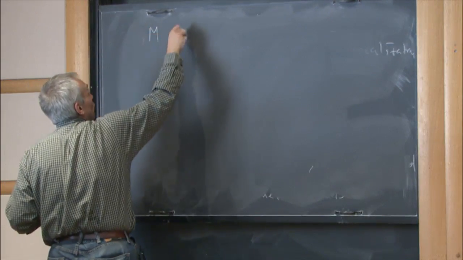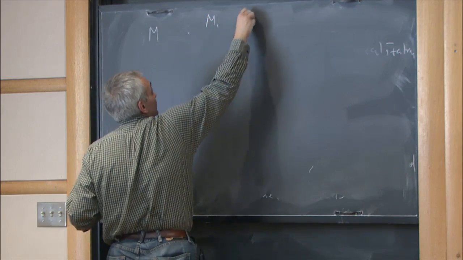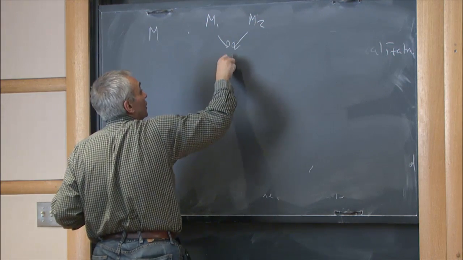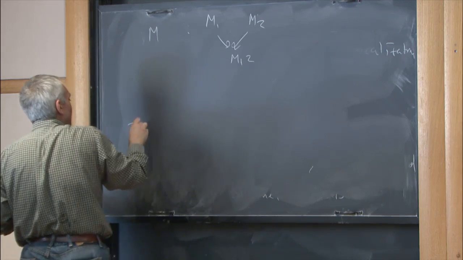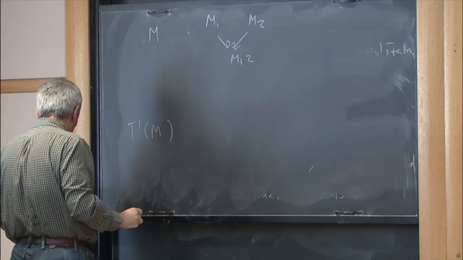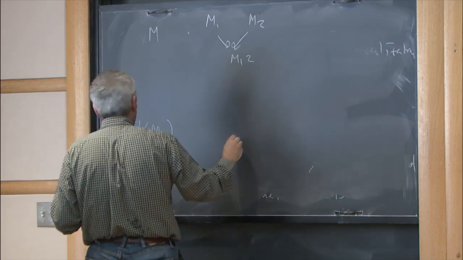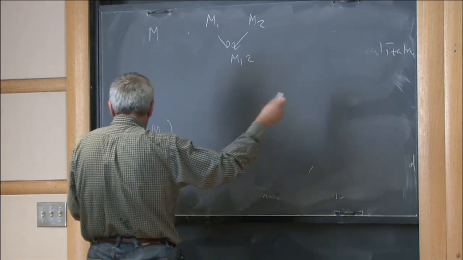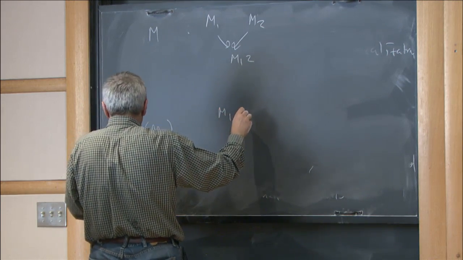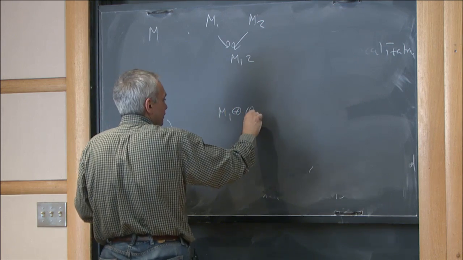So if you have M, which is this representation of the quiver, T prime of M is going to be another representation of the quiver, which is a sheaf, and it's going to be a complex of sheaves.